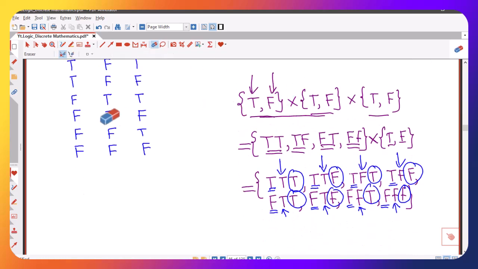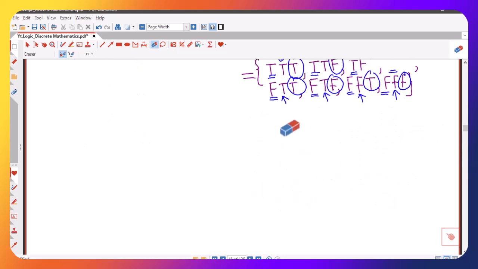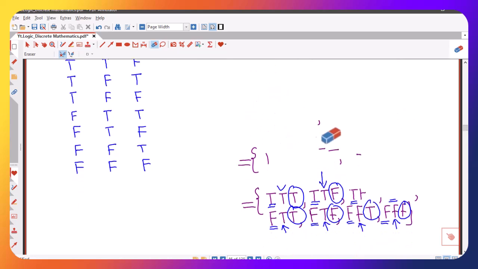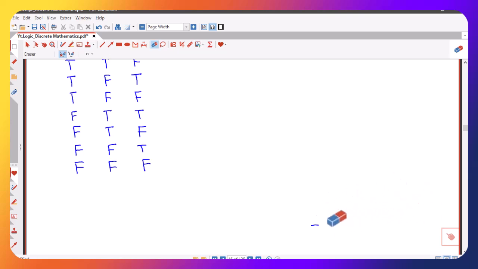But if you don't want to remember this, then you can first write down the Cartesian product and then write down all possible combinations for truth values of P, Q and R. For two propositions also you can write them down using the Cartesian product, as we did in previous examples.